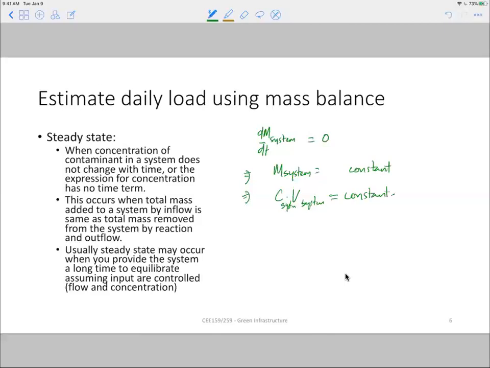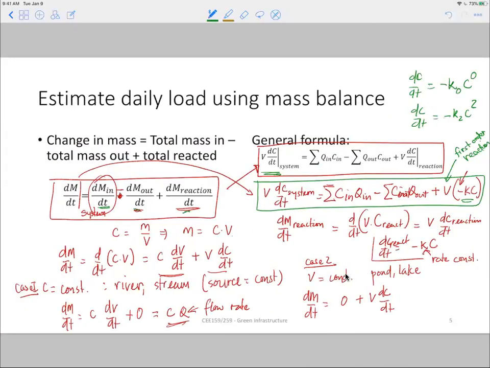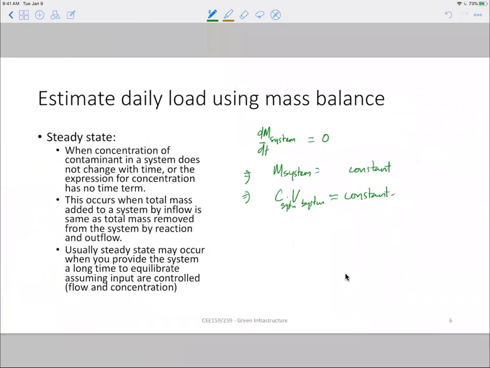That means your mass balance equation, which is over here, will turn into only the right side. So you can write the sum of C in, Q in, that's the total amount of mass coming into the system by different flows, minus the amount of mass leaving the system, that will be C out, Q out.